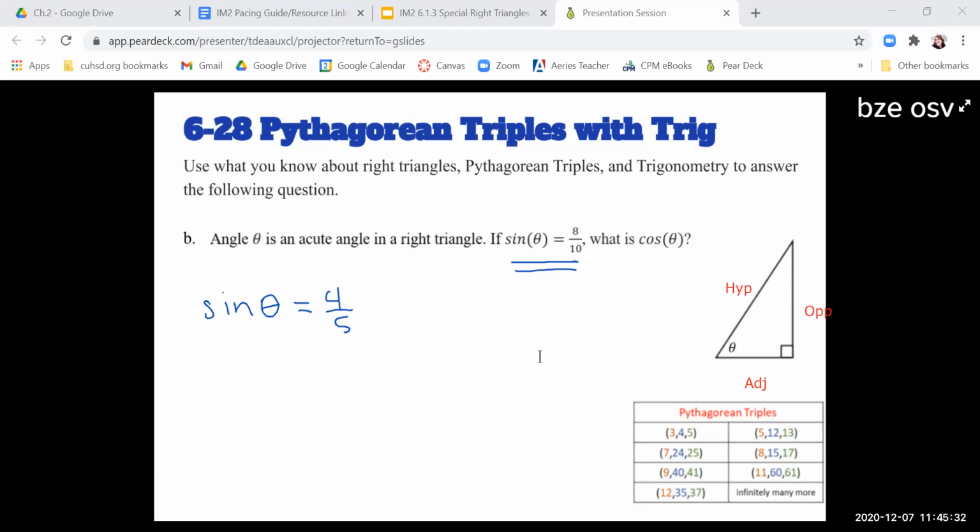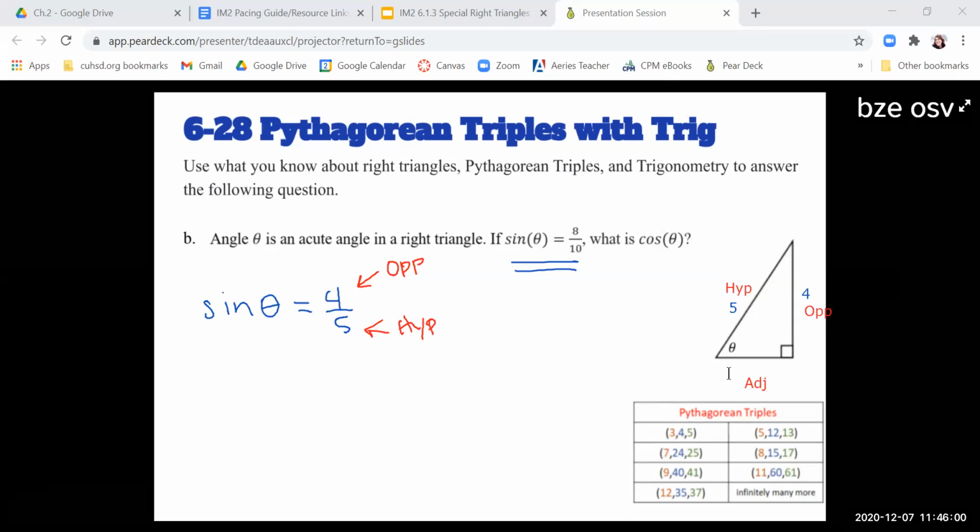Sine is always the opposite over the hypotenuse. So opposite is going to be 4. Hypotenuse is going to be 5.